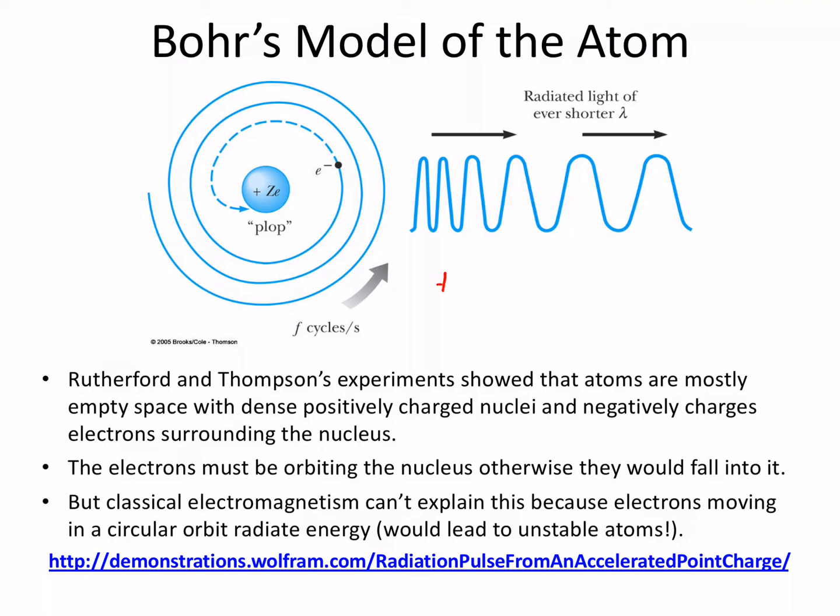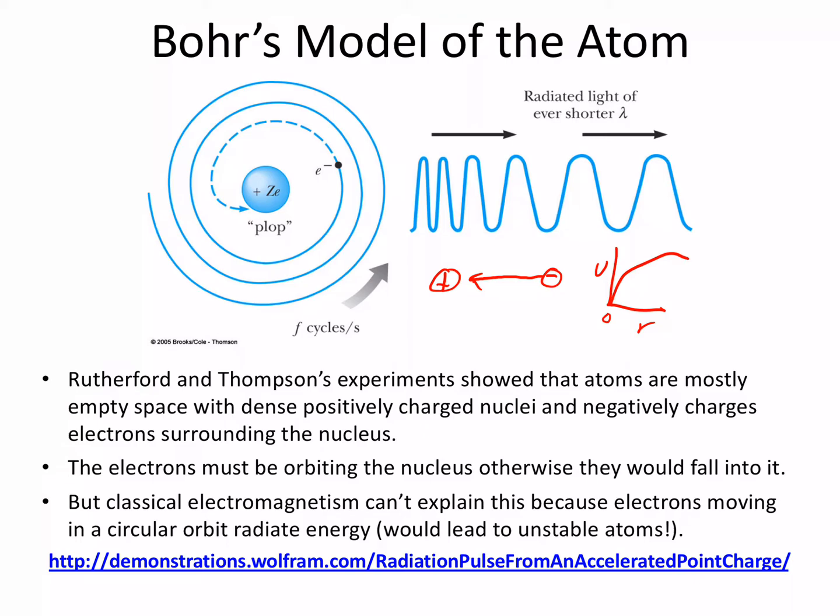Well, we all know how Coulomb's law works. This is just going to get sucked right into here, and that's going to be the end of it. We know if we plot the potential energy as a function of distance, it goes right down to 0, ostensibly. So, we know that that couldn't happen.